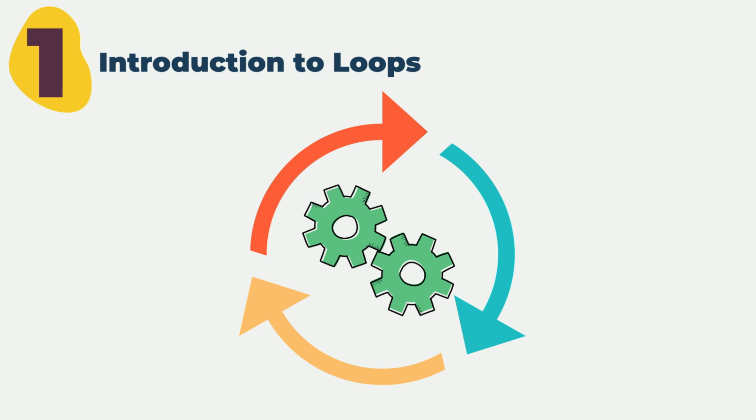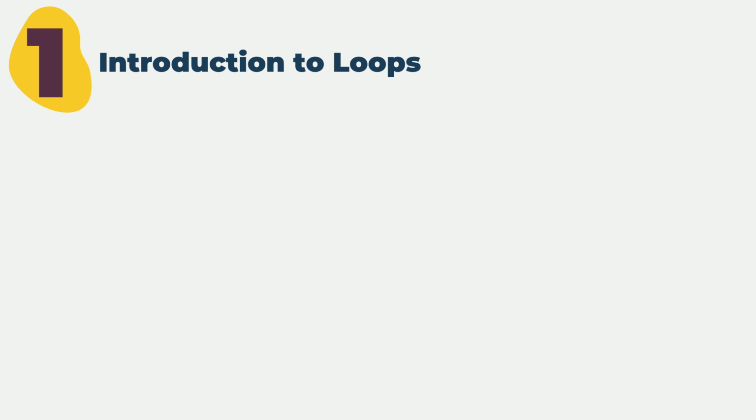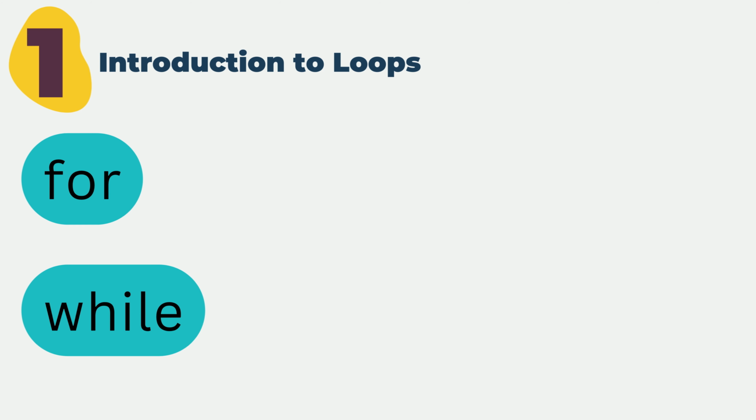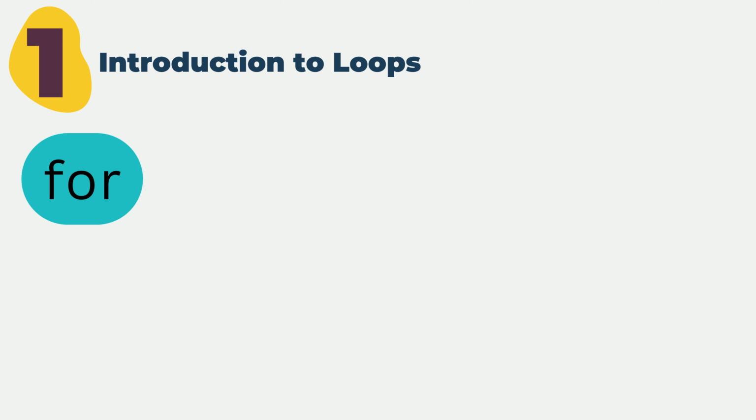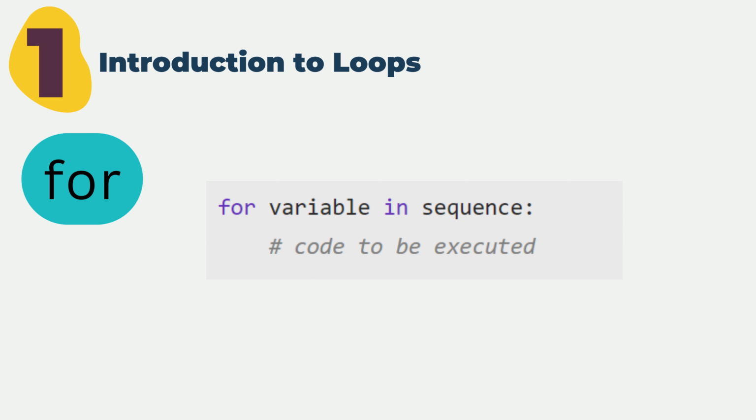Now that we understand the purpose of loops, let's explore the two primary types in Python, the for loop and the while loop. The for loop is used for iterating over a sequence that is either a list, tuple, dictionary, string, or other iterable objects. Its syntax is as follows.